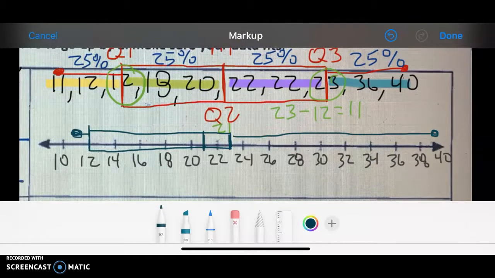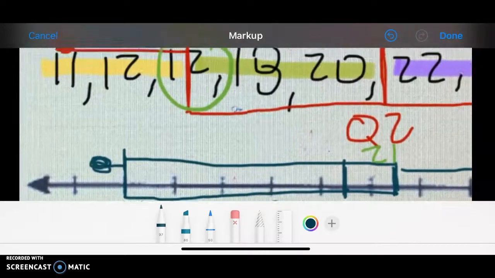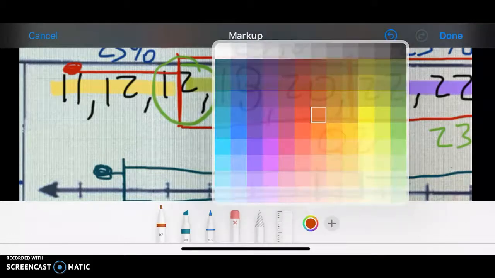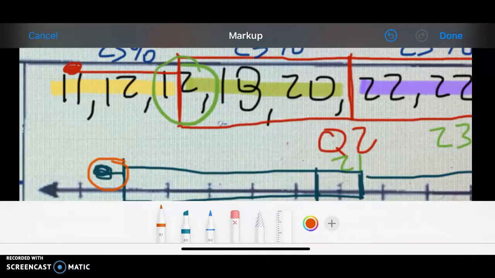This is where people start to get confused, because if you look at our box plot on the numbers up above, it's nice and evenly spaced, right? But if you look down below, it's not. It almost looks like the whisker on the right is bigger than the one on the left, but it's actually not. If you think about the one on the left, what numbers are in this small area right here?